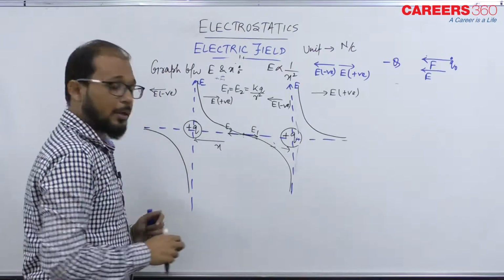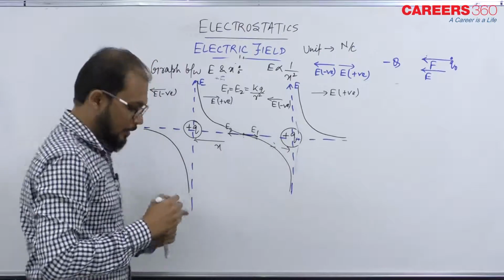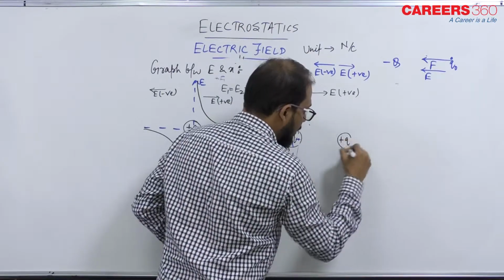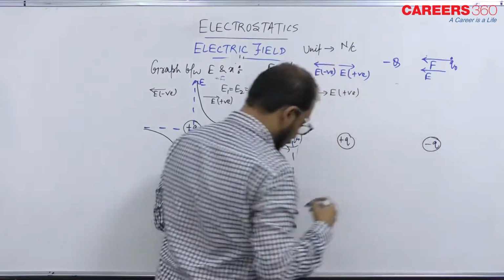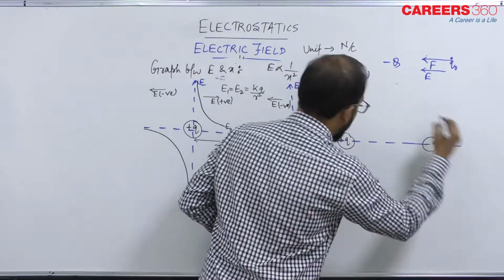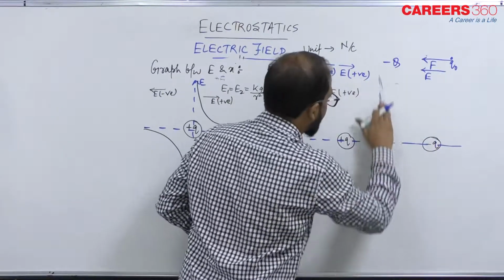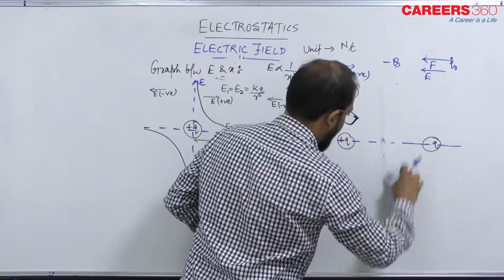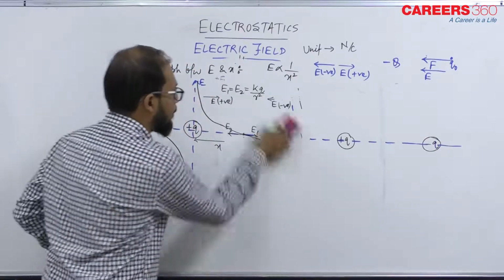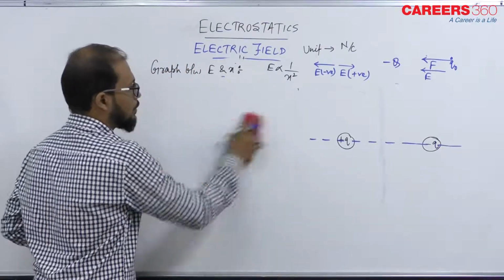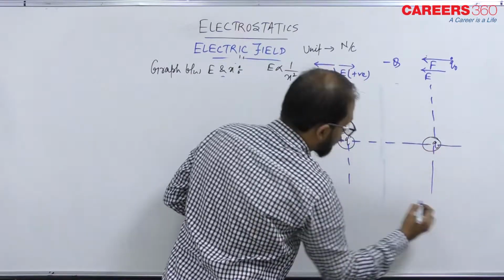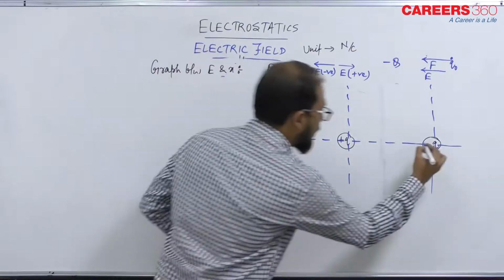Now let's talk about what will happen if plus q charge is here and minus q charge is here. Suppose here a plus q charge is present and here a minus q charge is present. Now this is the minus charge, minus q charge.